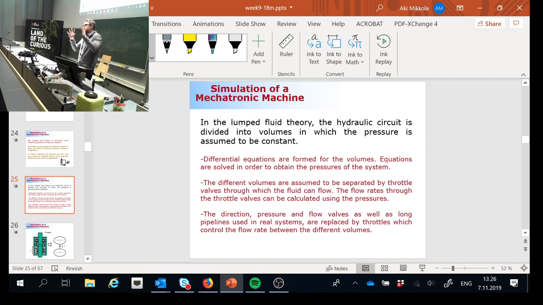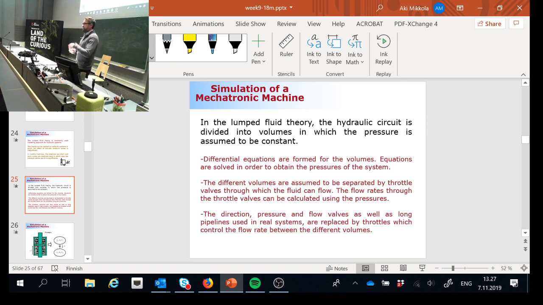How we're going to do these divisions, we're going to practice a number of times during today's lecture. Then, once we have done this discretization, we're going to create differential equations for each one of these volumes. These differential equations are based on lumped fluid theory. They will be first order differential equations that allow you to compute the pressure in that particular volume at any given time, right? That's how it goes.